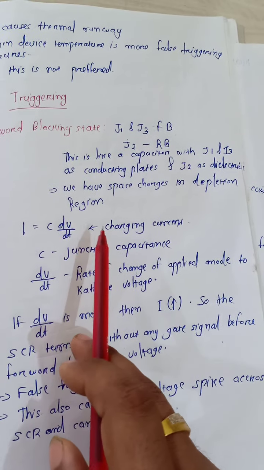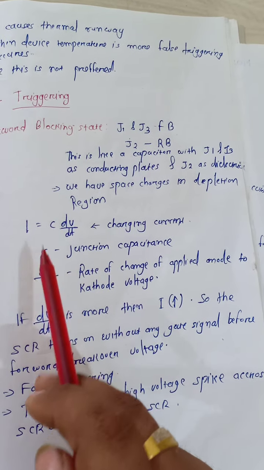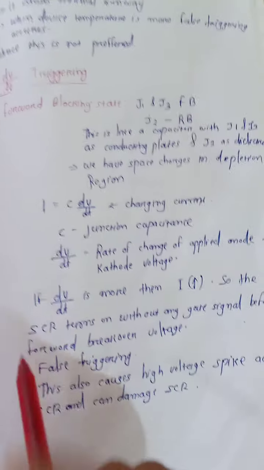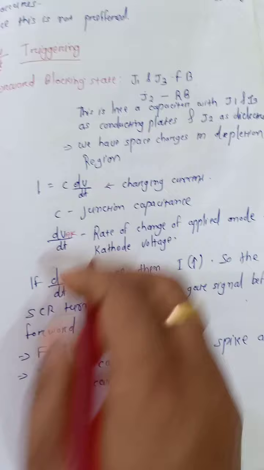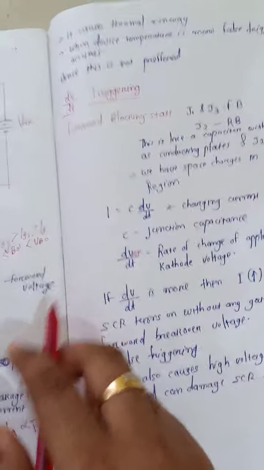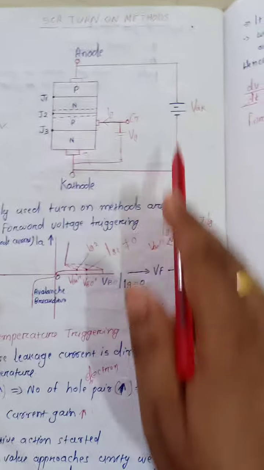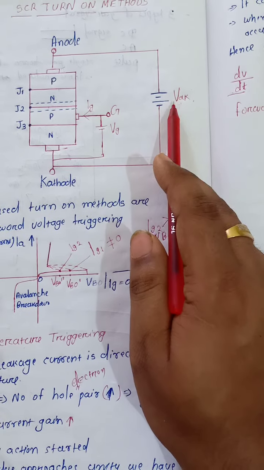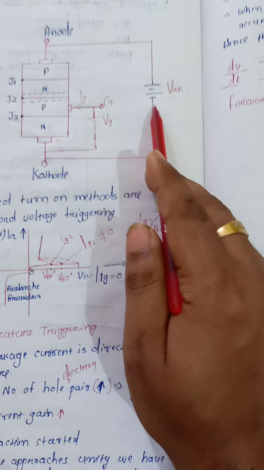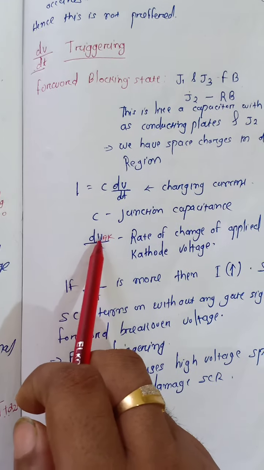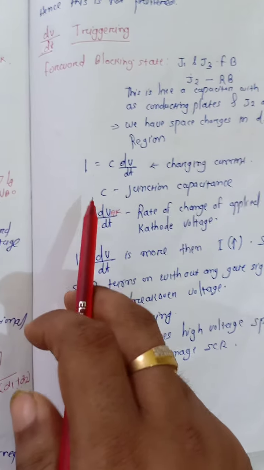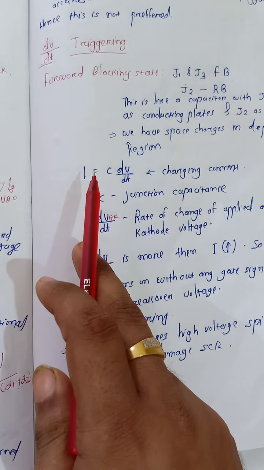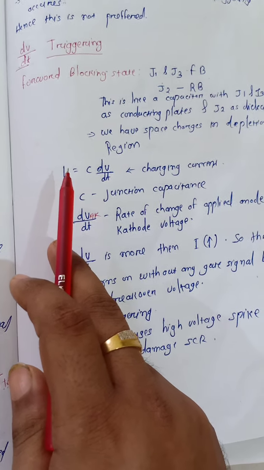So when voltage increases, this voltage is VAK, anode to cathode voltage. So whenever in forward voltage triggering method we are increasing this voltage, if the rate of change of voltage with respect to time is more, then what will happen? This anode current will be very high.